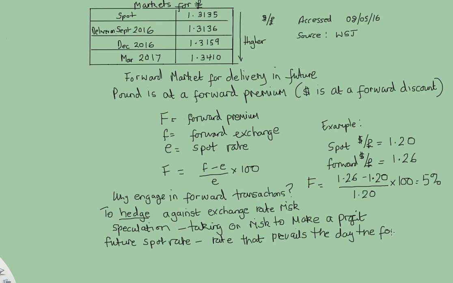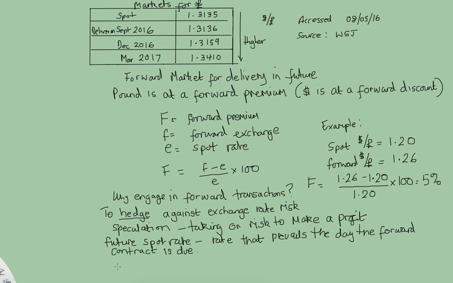We don't know what that is. We'll have to wait and see when you take delivery on the forward contract. So the future spot rate is a rate that we don't know about. So that's the future spot rate.